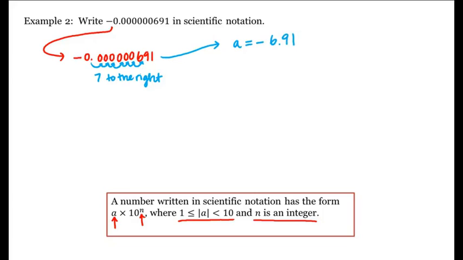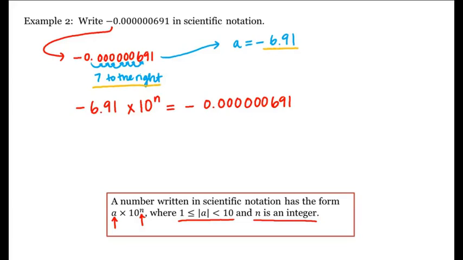But what about our n? We need to find an integer n such that negative 6.91 times 10 to the nth power is equal to negative 0.000000691. Well, since we moved our decimal point 7 units to the right to get to a, then to go in the other direction, we'll need to multiply by 10 to the negative 7th.